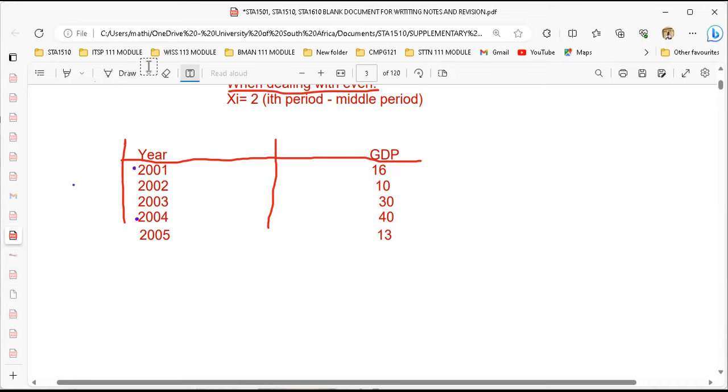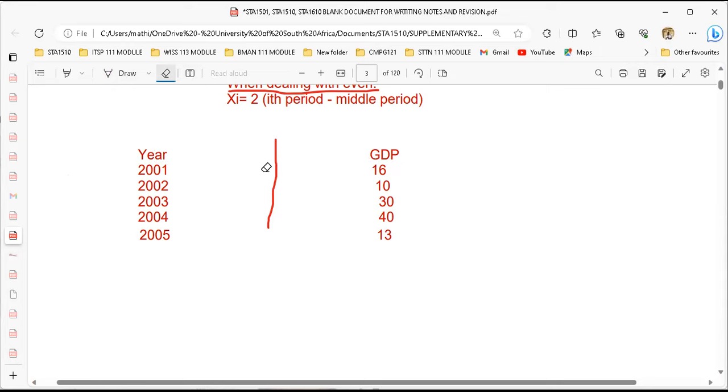All right, I want to show you something. I'm going to do 2 examples so that you can see. I'm going to finish this one.